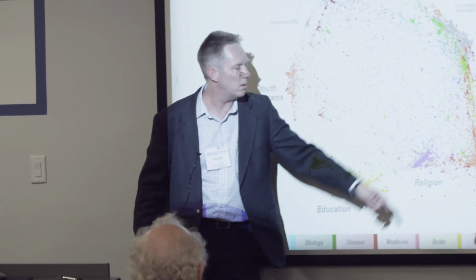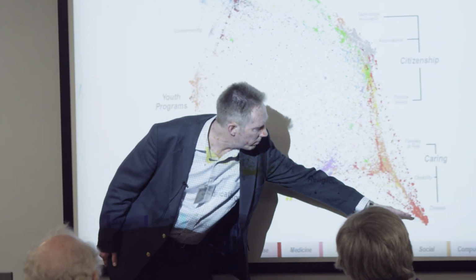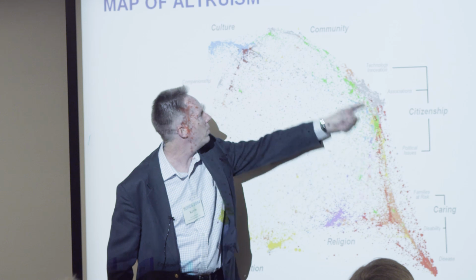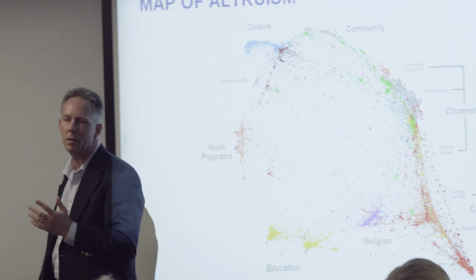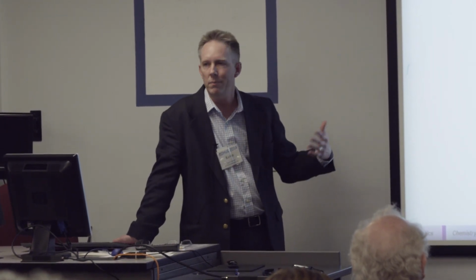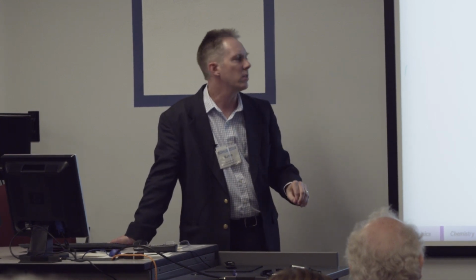Religious organizations and missionary activities and all of that are over there. This is all related to health. And this is all kind of community citizenship types of things. It includes chambers of commerce. It includes innovation think tanks. It includes international studies types of organizations and so on.